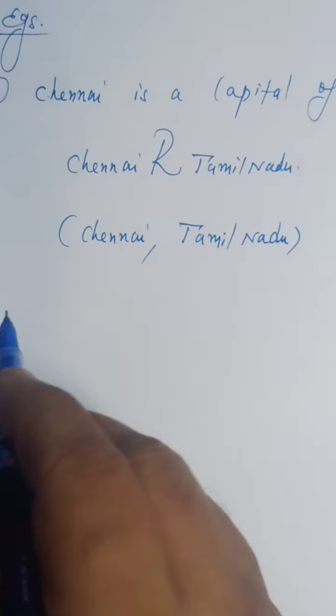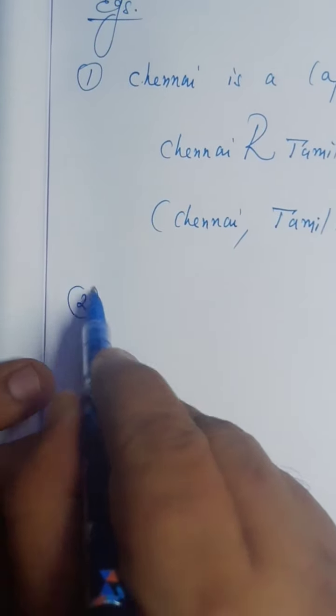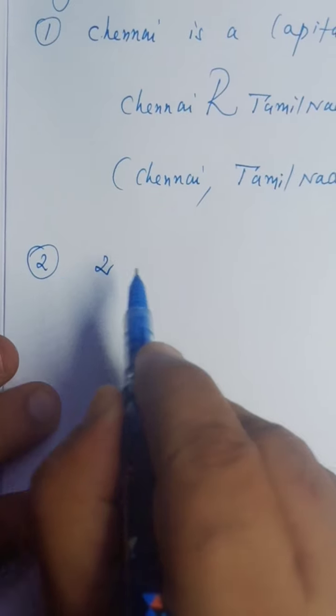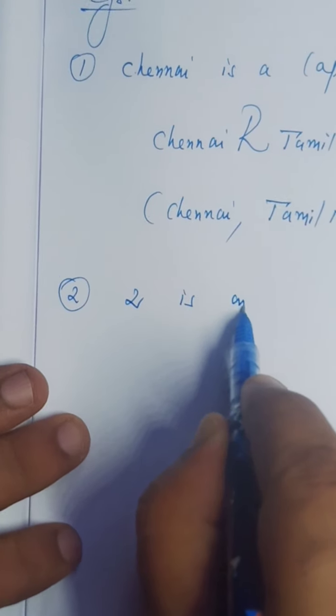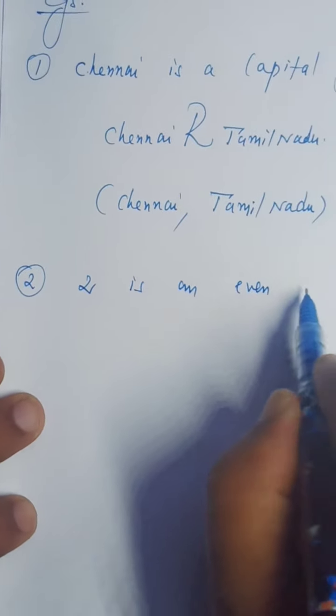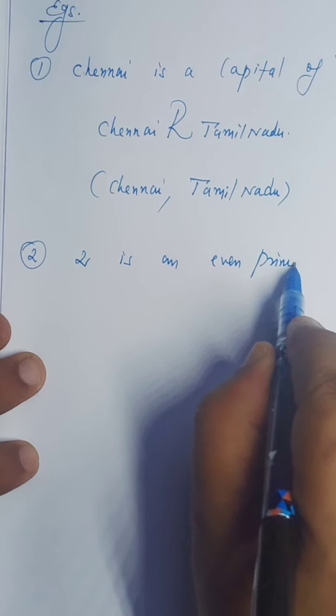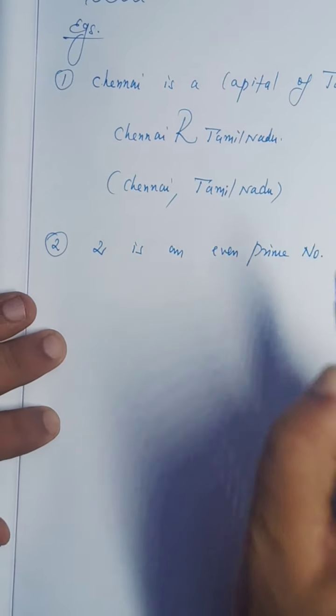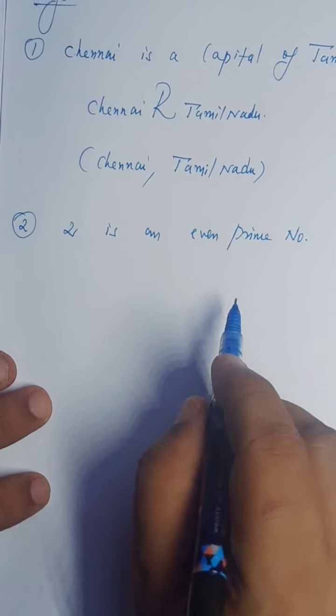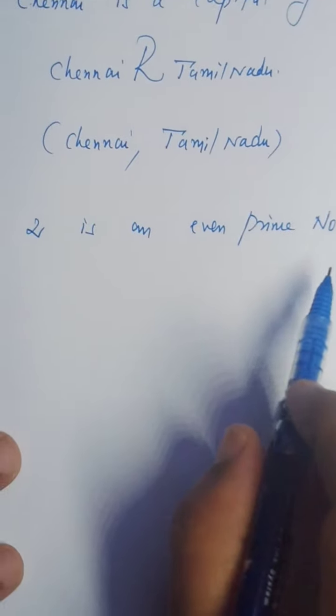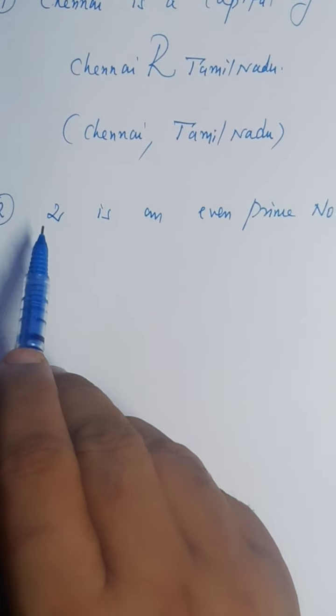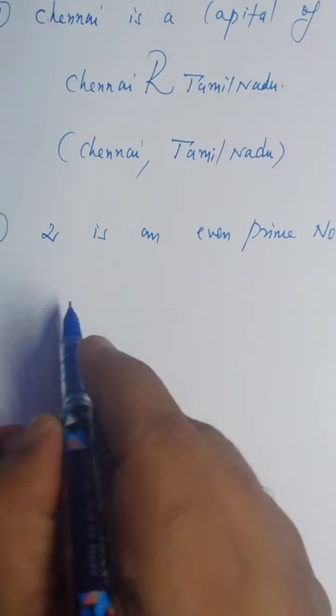Okay, I'll give you one more example. 2 is an even prime number, correct? You know very well, in set of all prime numbers, 2 is the only even prime number, correct?